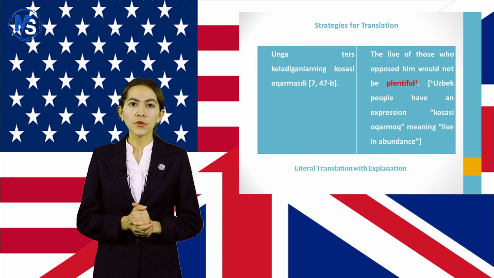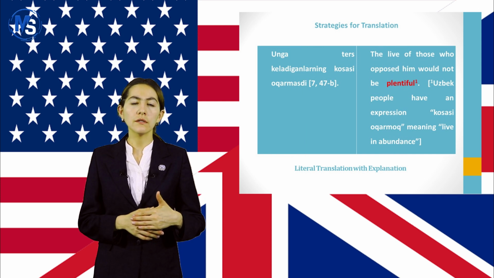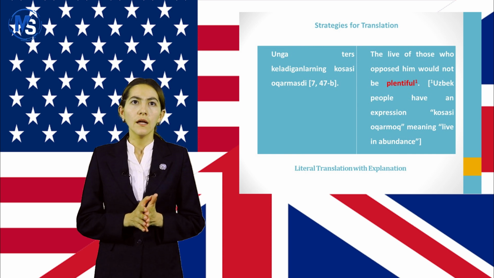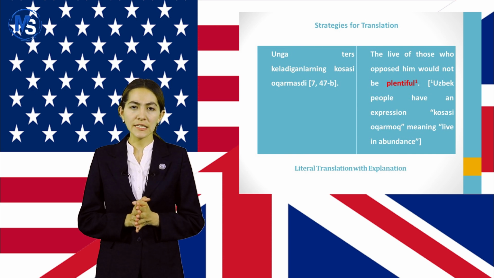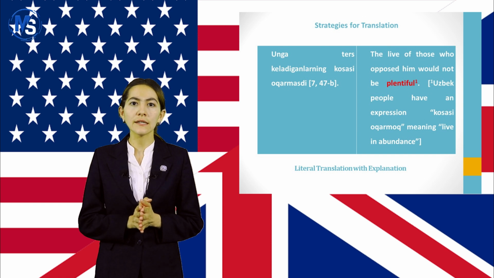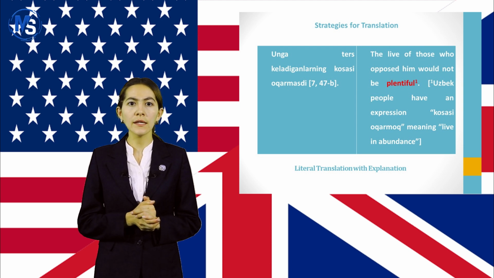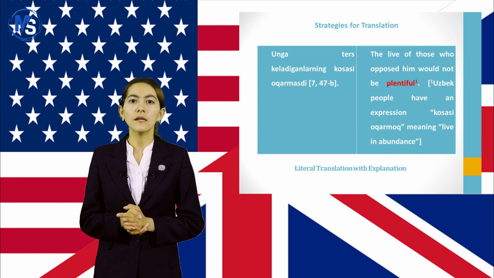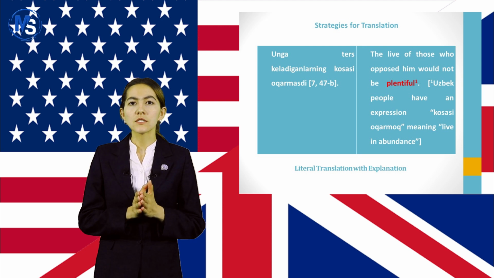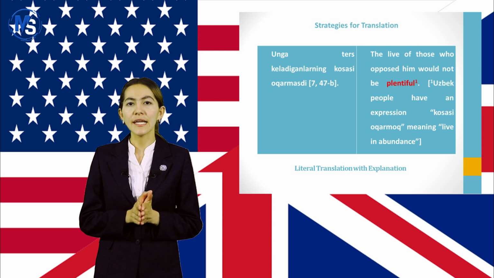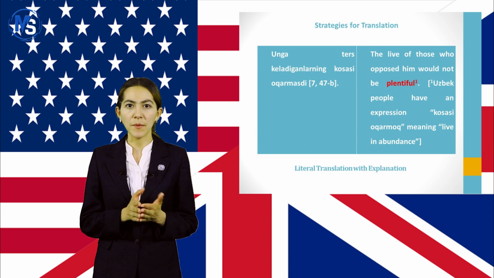Now let's look through the strategies for translating synecdoches in novels. The first one is literal translation with explanation. The examples are taken from Jimjitlik, as I mentioned above.